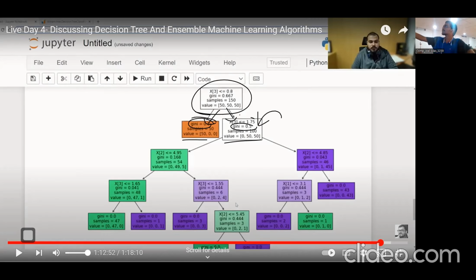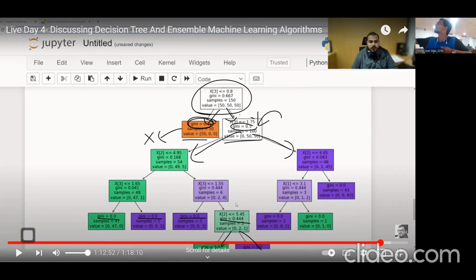And here Gini has come out to be 0, meaning one kind of label only. So further splitting has not been done, as you can see. We continue with this particular split and so on. Here we are reaching Gini 0, that is a pure split, so we are no longer splitting further. Where Gini is not 0, we are splitting further. And so on, this tree is constructed.